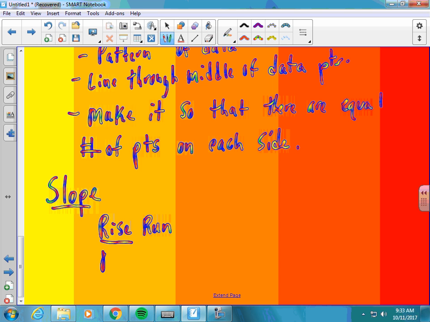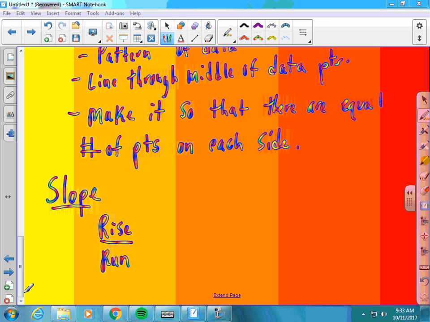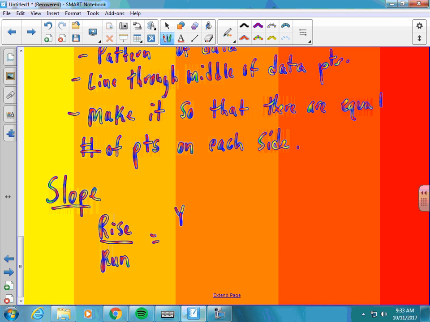Rise over run. Which really means we're going to be looking at the difference between 2 points on the line. We're going to take the second data point's y value, so maybe y2, and subtract the other y value, y1.